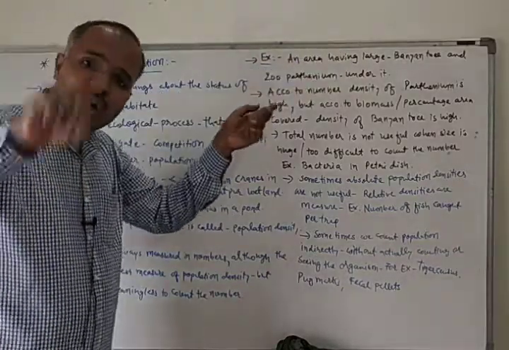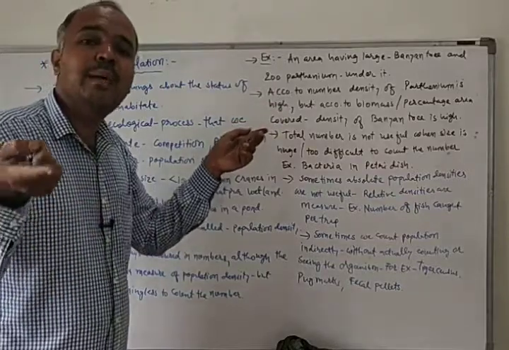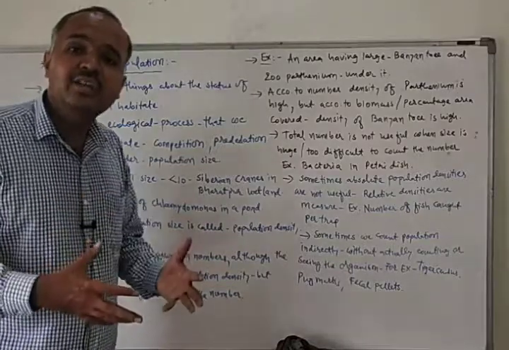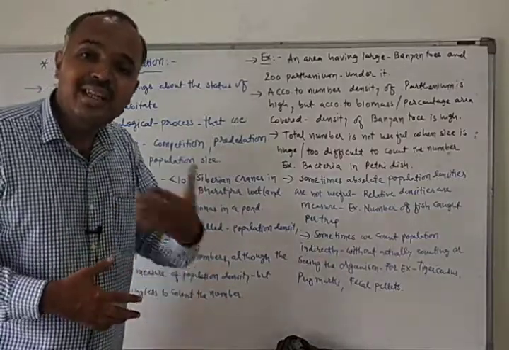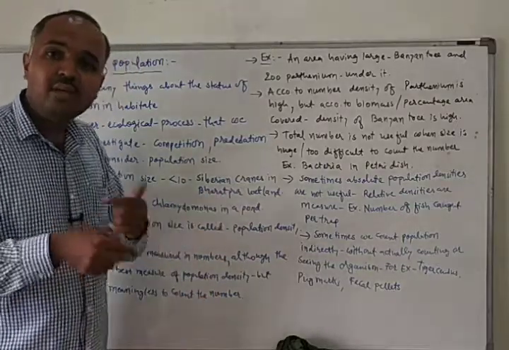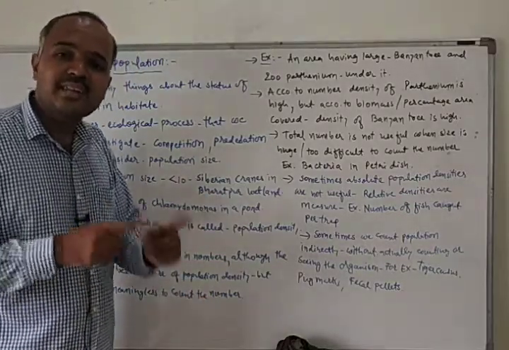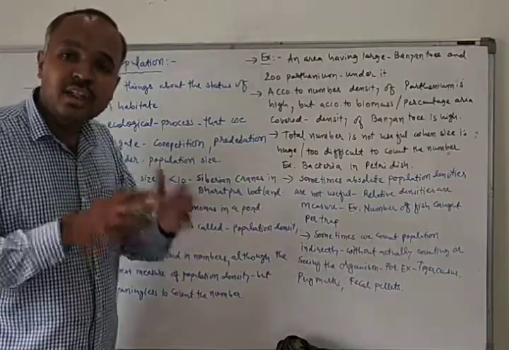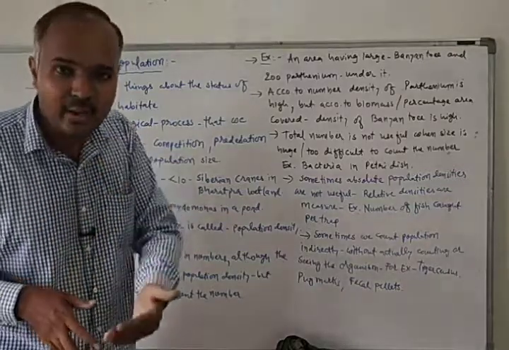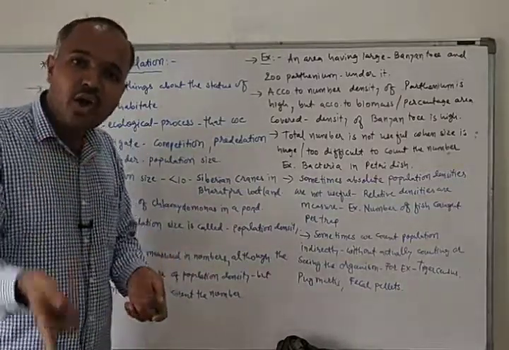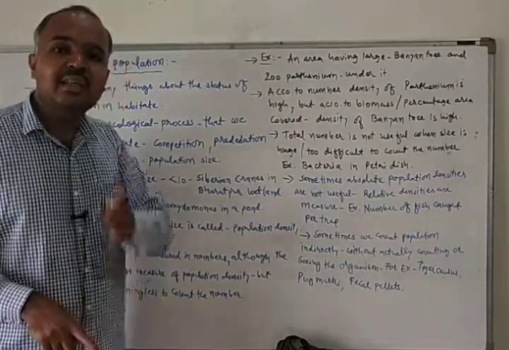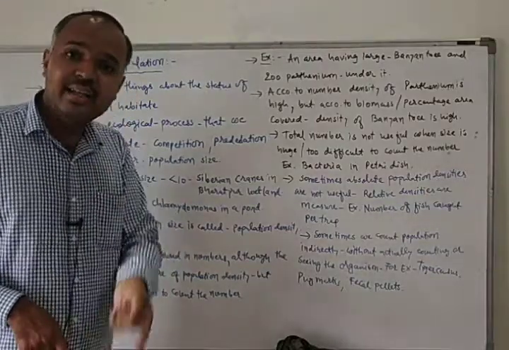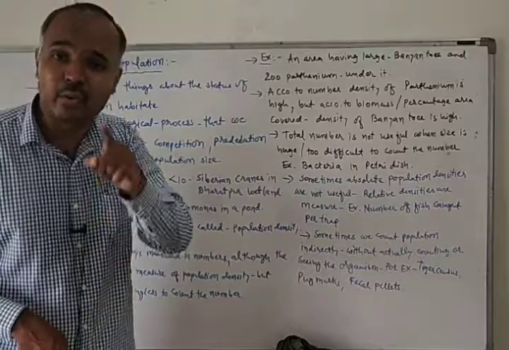If we count the number of organisms, then the density of parthenium will be very high. But in that case, we are ignoring the large ecological role played by the banyan tree in that ecosystem. If we consider that role, then we will say that its biomass and the percentage area it covers are very high, and that's why the density of banyan tree is very high compared to the parthenium.